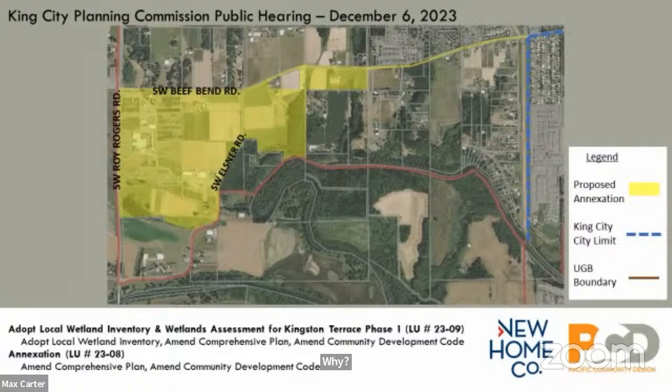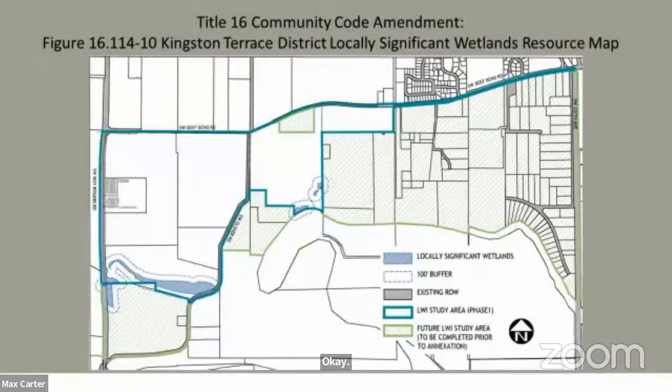Yellow area of the Bend Road is contained. Southern half. Rogers right of way and the Rutland inventory.